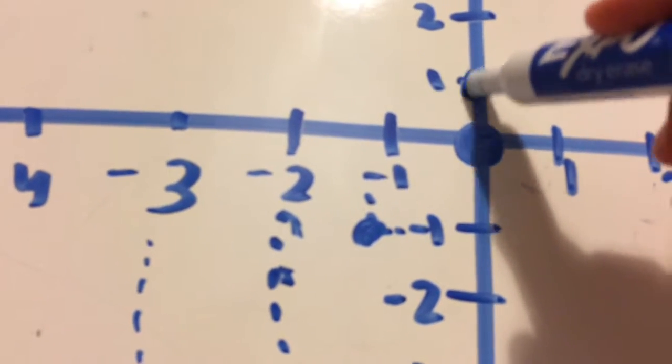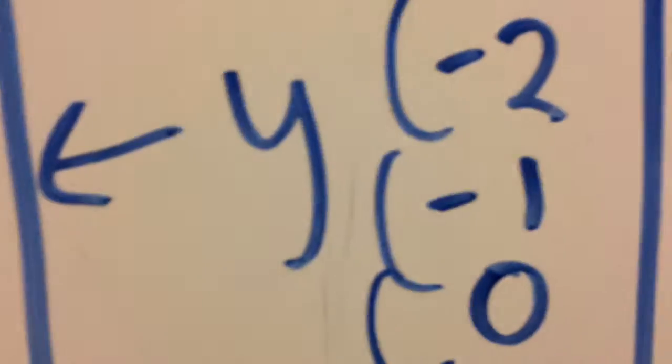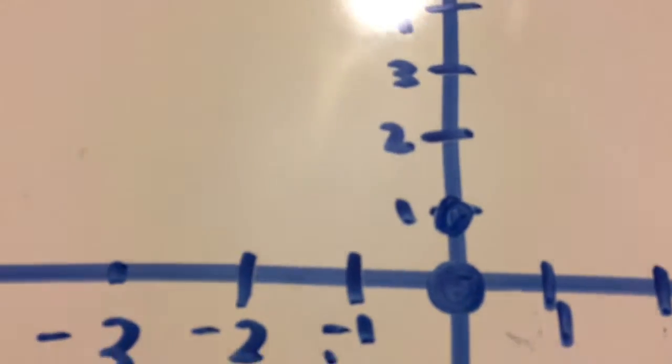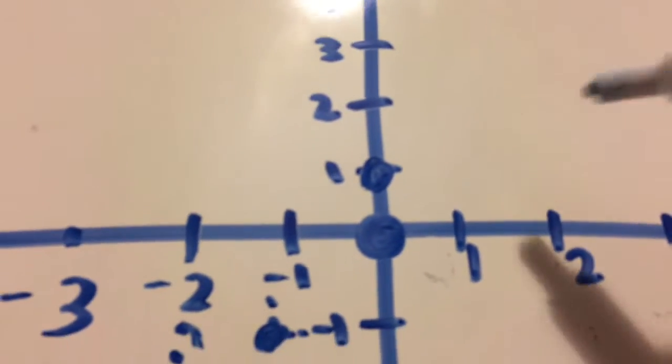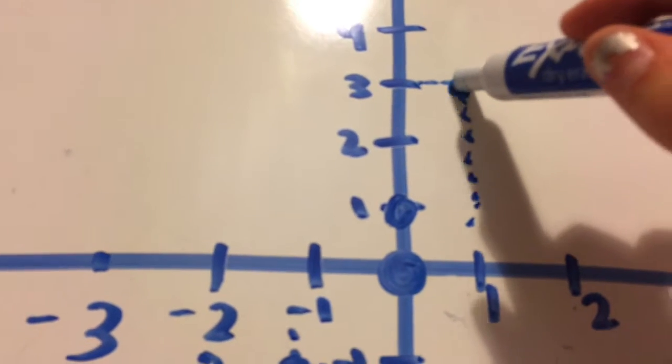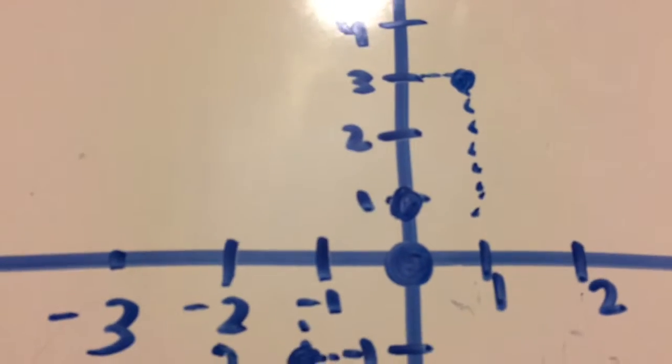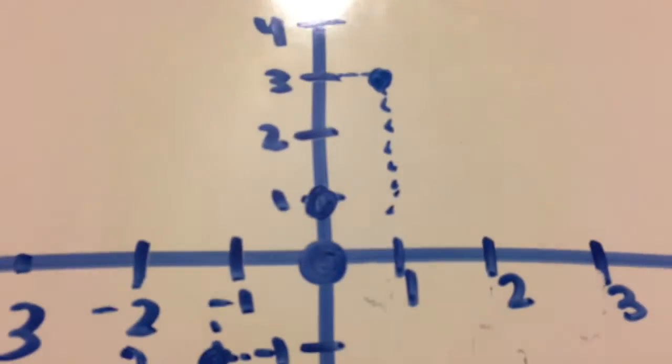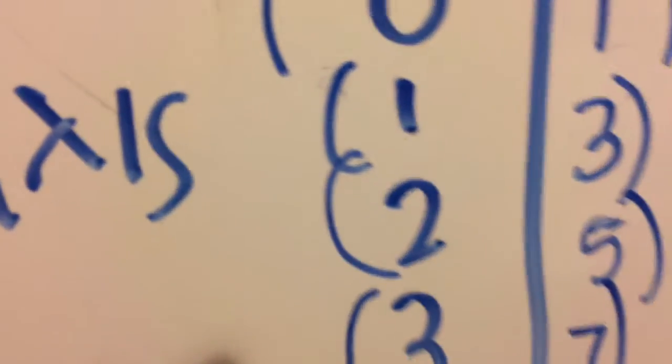1 is our next one, 0, 1, and then our one after that would be 1, 3. So we'll go up 1 and then over 3. And then the one after that is 2, 5.